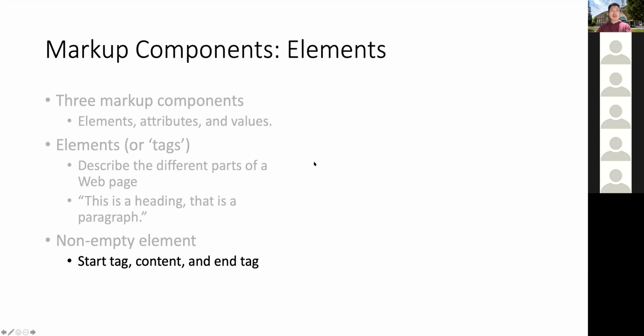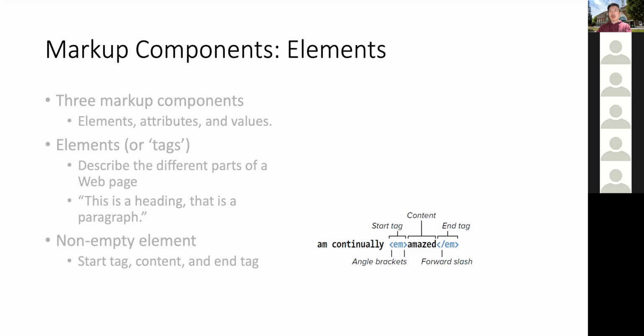Okay, and most tags have a start and end tag. The start tag is always a pair of angle brackets with the name of the tag in the middle, and the end tag is exactly the same except you have the /, which indicates that's the end of the tag.